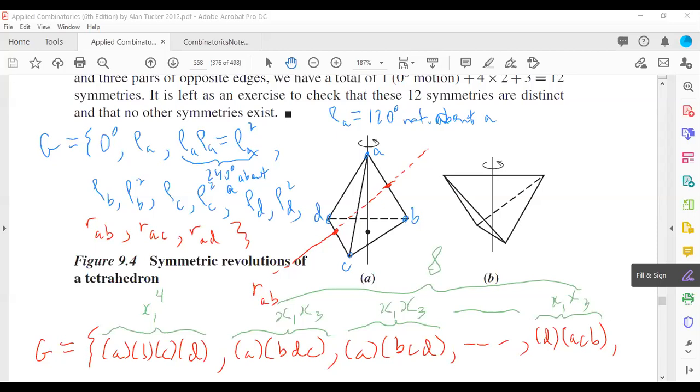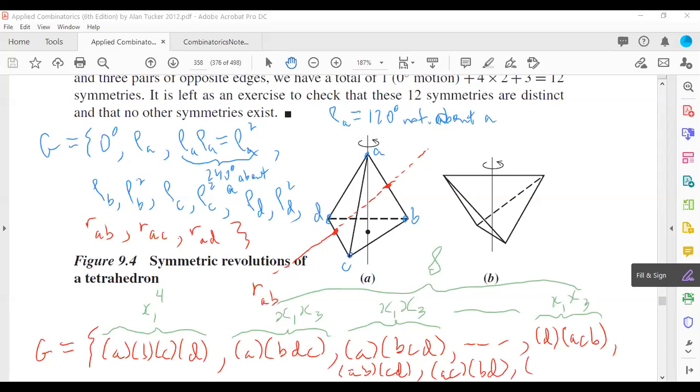A would go to B and B would go to A. Yep. And D would go to C and C would go to D. And finish us off here, Cassie. So R of AC, what's going to happen with that? A would go to C and C would go to A. D would go to B and B would go to D.